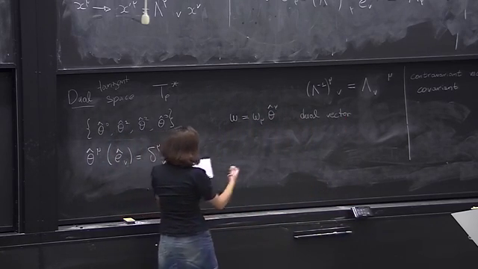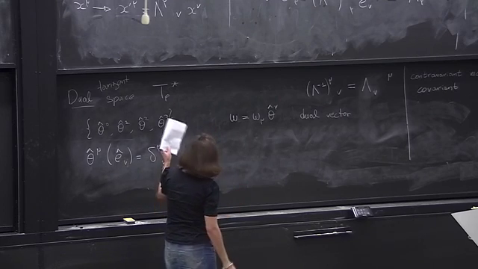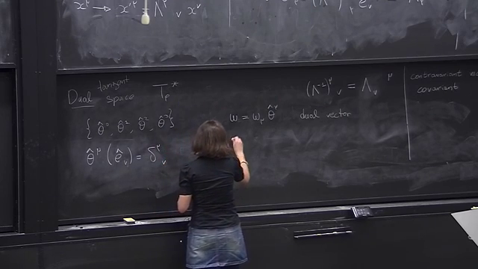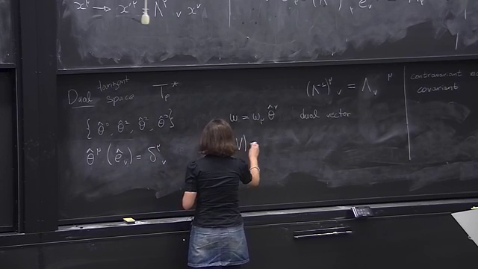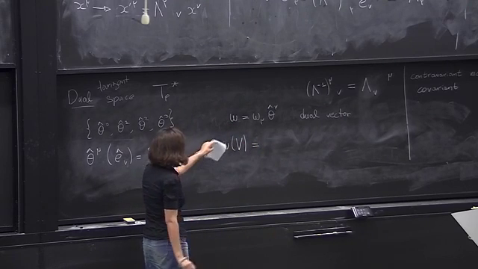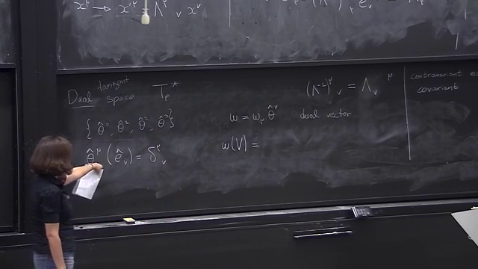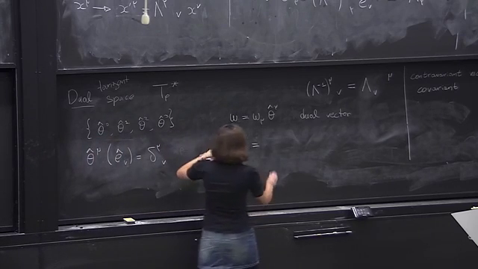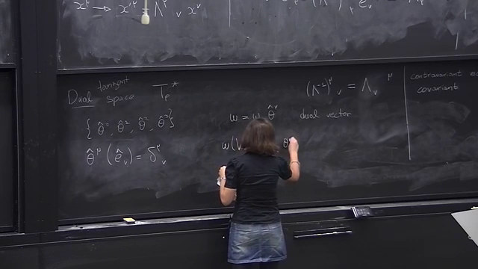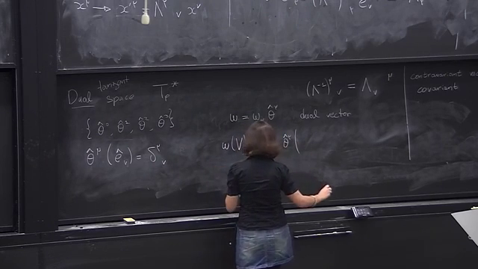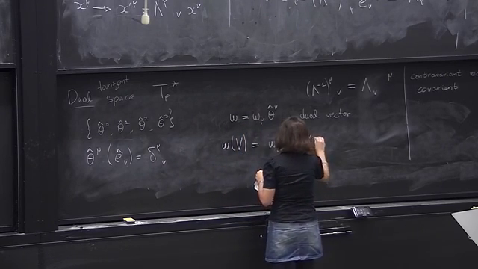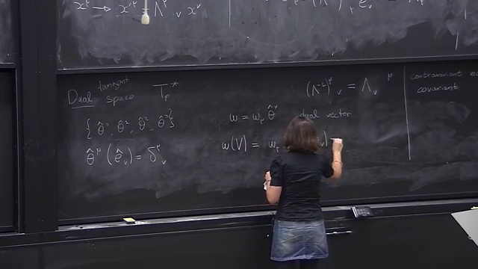So we should think of it as something acting on the vectors of our tangent space. And the way that omega acts on V is defined by this relation. This is omega mu theta mu acting on V nu E nu.